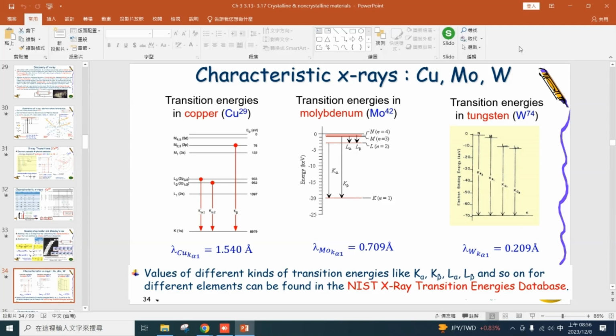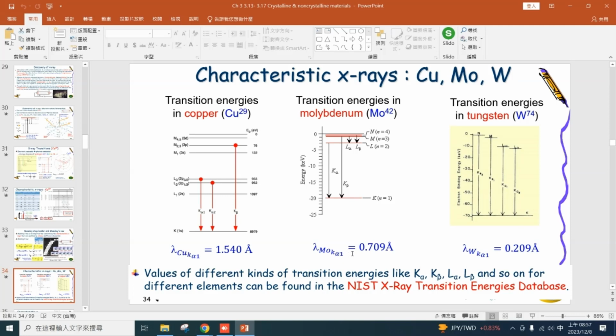So this kind of cascade is a characteristic X-ray. What does that mean? It means that if you have copper in your gas discharge tube, or you have moly, or you have tungsten, the X-ray you generate will be different. The information we get from the X-ray is the characteristic X-ray for copper, for moly, and for tungsten. For a specific X-ray, for example, K alpha 1 for copper, that will be 1.5 angstrom.